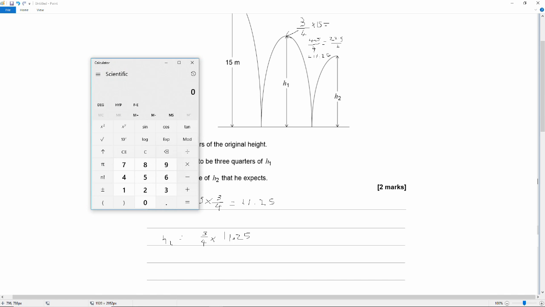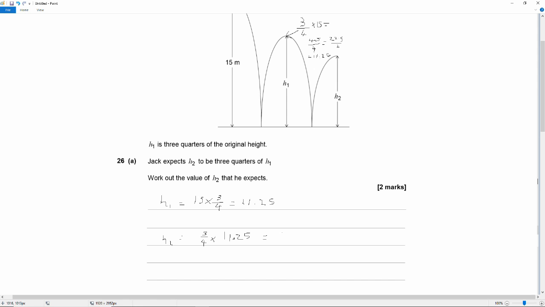Okay, so I've got my calculator. So I'm just going to type 3 divided by 4 equals times 11.25 equals 8.435. I think it said.